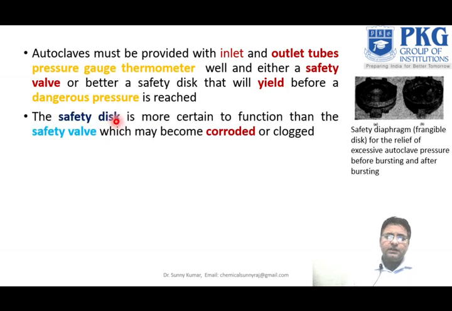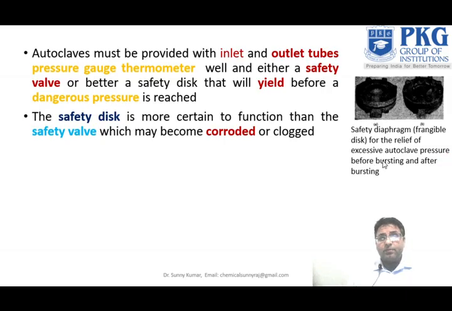So the safety disc is more certain to function than a safety valve, which may become, say, corroded or clogged. So this is a safety diaphragm figure, a fragile disc for the relief of excessive autoclave pressure. This is the first figure you will see.